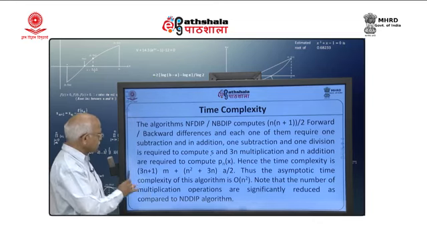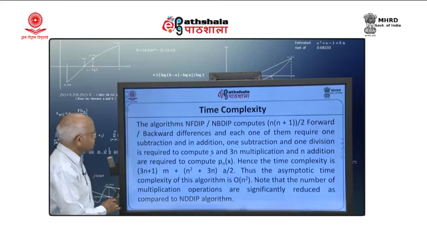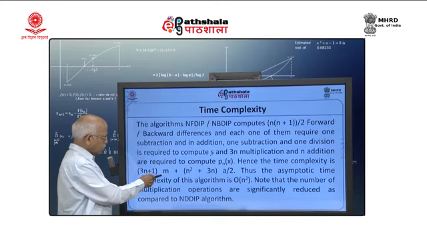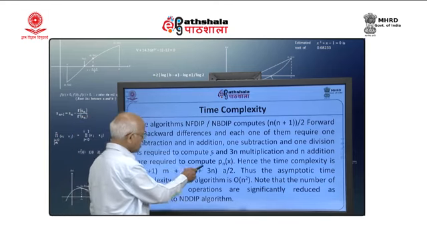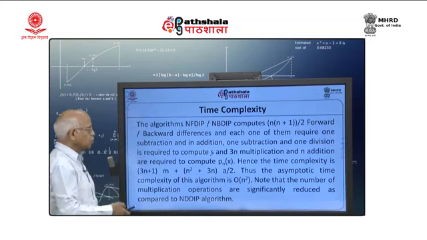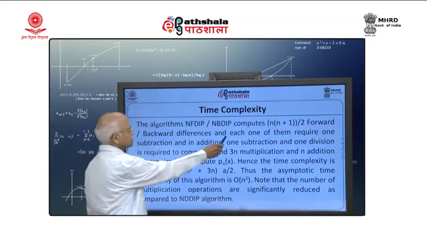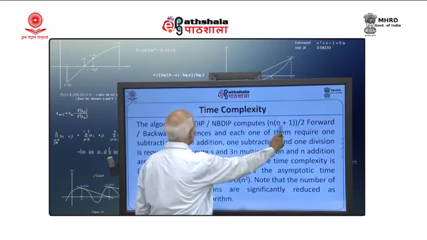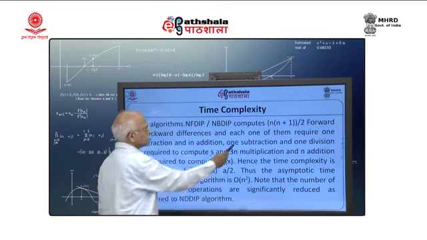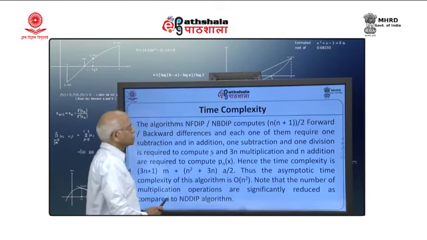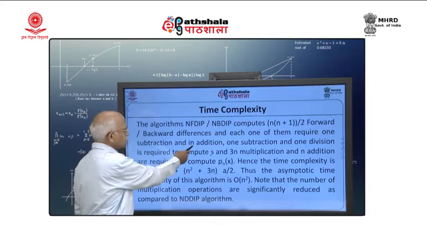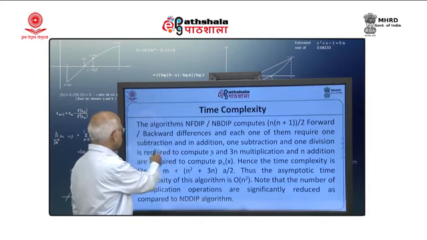So, hence the time complexity will now become what? 3n plus 1 into m plus n square plus 3n into a by 2. How do you add? You add all this. We add this many forward differences we are computing, and for each of them there is one addition operation, plus 1 subtraction and 1 division operation required.